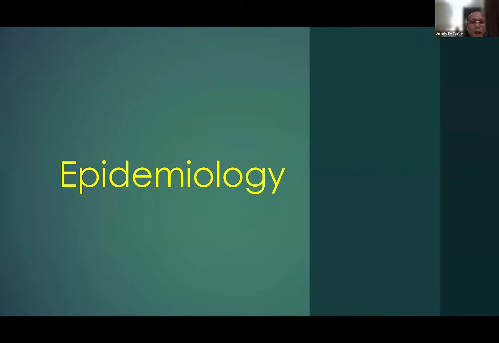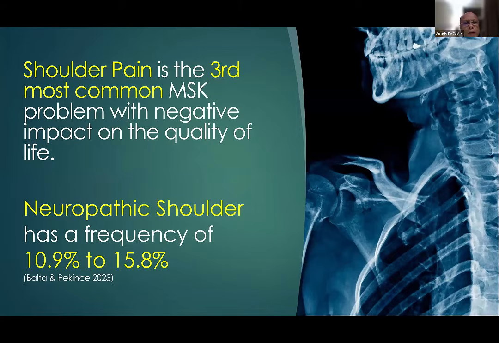Let me begin by citing the epidemiology of this condition. Shoulder pain is the third most common MSK problem with negative impact on the quality of life. As you can see, we see a lot of patients with shoulder problems, but the question is, have we encountered conditions where, in spite of all the treatments that we have done, still the pain persists?